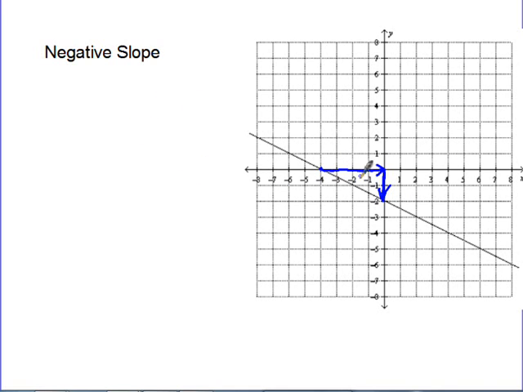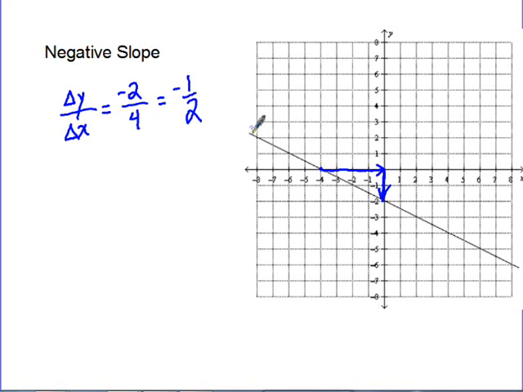And in this instance, if you look at rise over run, or change in y over the change in x, the change in y is 2, or in fact negative 2, and the change in x is a positive 4.